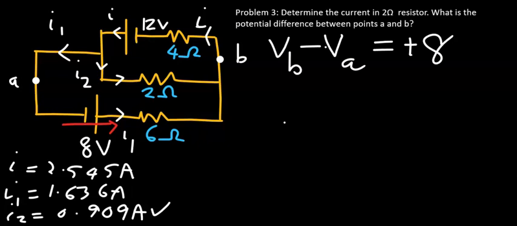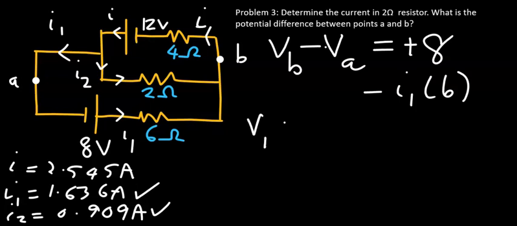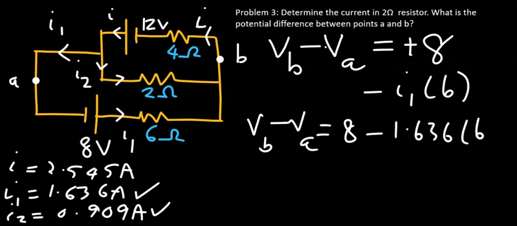Next, the 6 ohm resistor, you are going across the resistor in the same direction as the direction of the I1 current. So that's going to pick up a negative I1 times 6. Now we know what I1 is. I1 is 1.636 ampere. So VB minus VA is 8 minus 1.636 times 6.